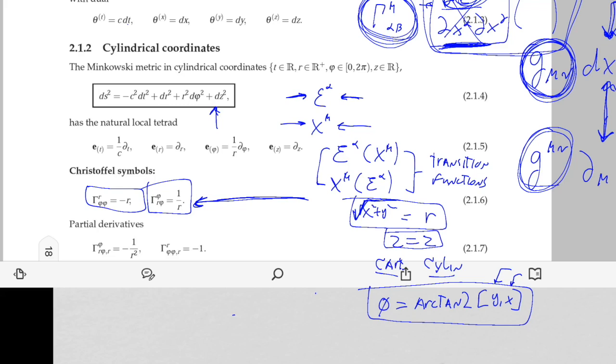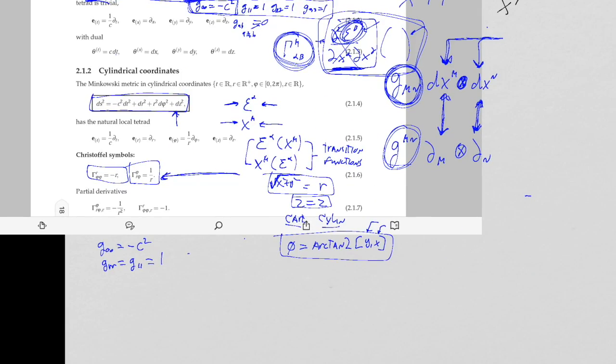So Minkowski space-time in cylindrical coordinates will have this metric, and that means that g00 is minus c squared, so that's not a big deal. g_rr, which I would call g11, is simply 1, so that's not a big change.